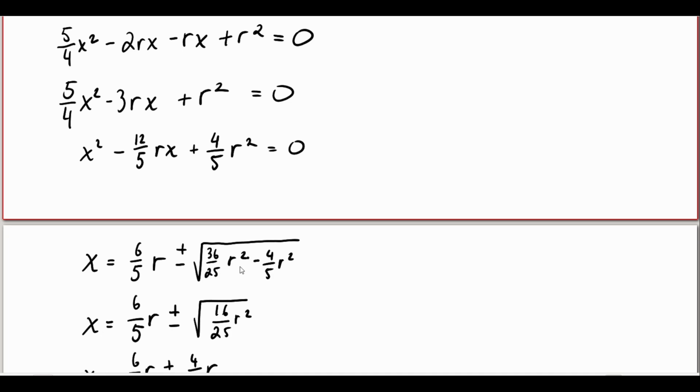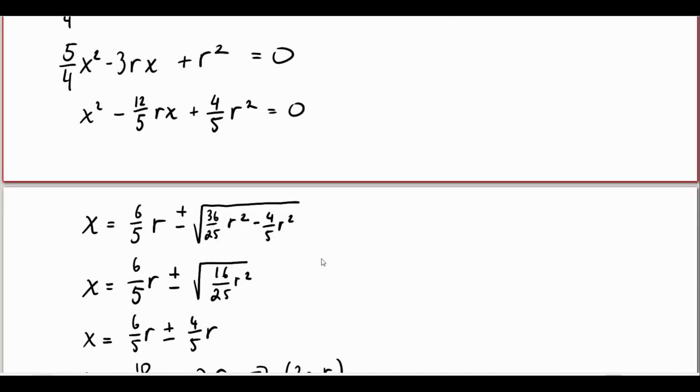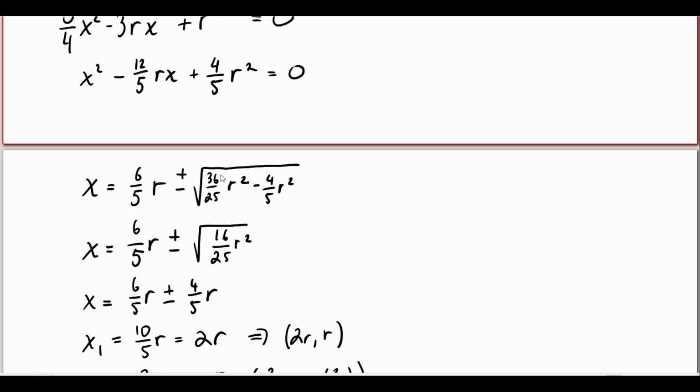And then r squared minus, and then you take minus this constant term here. So minus 4 over 5 r squared. And then just continue on, you can see that this is simplified to 16 over 25 r squared. And if we take the square root of this, it becomes 4 over 5 r.